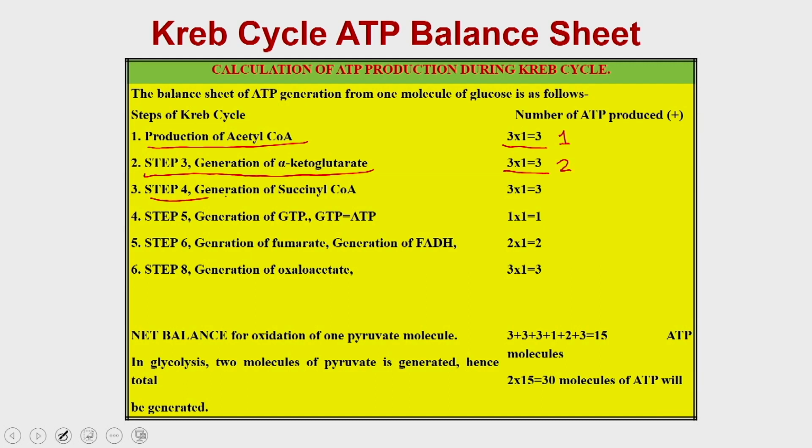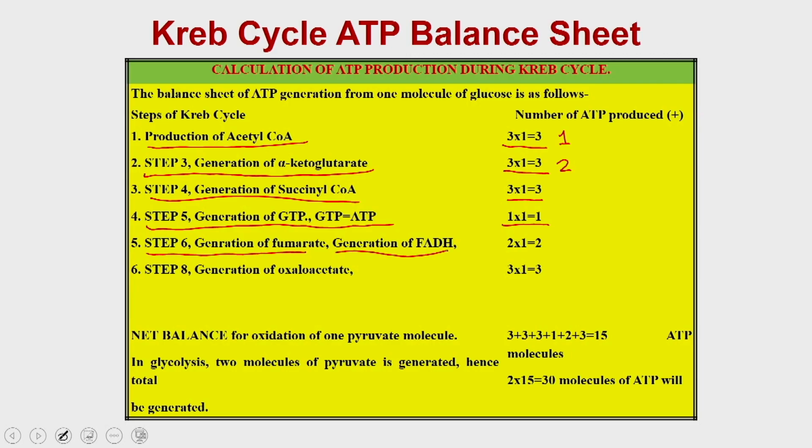Then in step 4, when succinyl-CoA was generated, there was also a generation of reducing equivalents, and then in step 5 there was a generation of GTP. 1 GTP is equivalent to ATP. So, that is how you have 1 ATP or GTP. Then when there was a generation of fumarate, you generated the FADH.